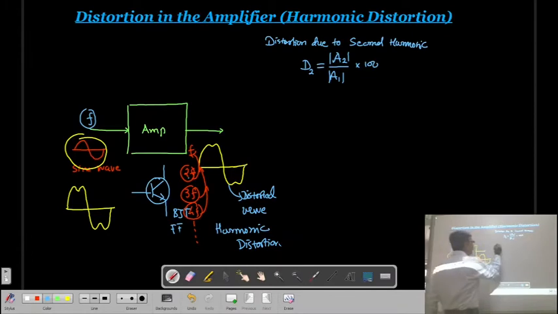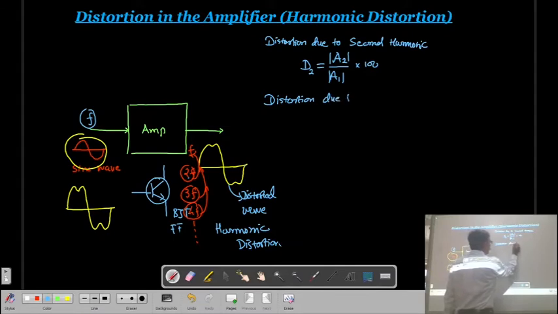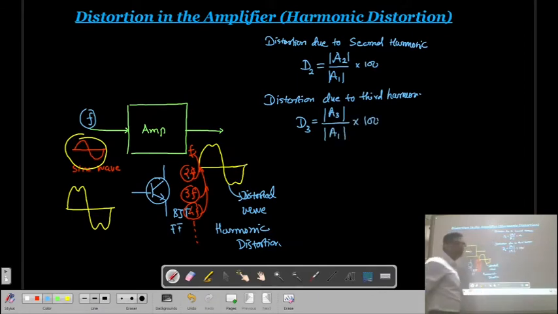Same way we can calculate the distortion due to the third harmonic, and it is written as D3 equal to the amplitude of the third harmonic to the amplitude of my fundamental frequency, multiplied by 100.